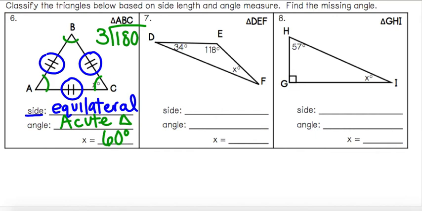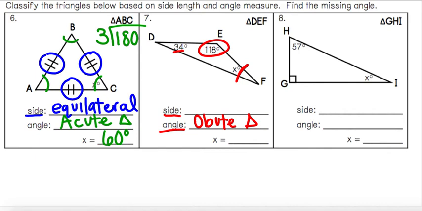Okay, look at this one here. First off, I can look at the angles, and I notice that this angle is over 90 degrees. It's an obtuse angle, so I know that this is an obtuse triangle because of that. And then, I need to know what this angle is, because if this happens to also be 34, then it could be an isosceles triangle. So we have to double check.